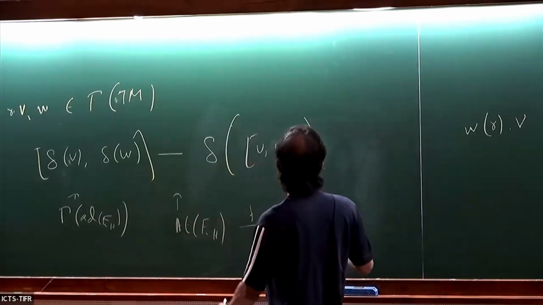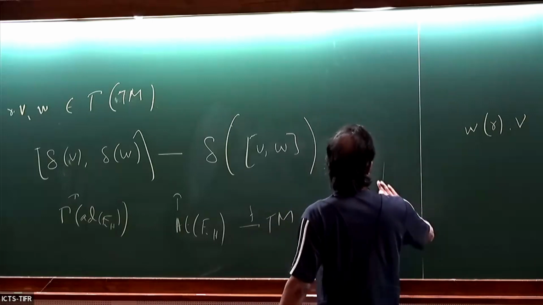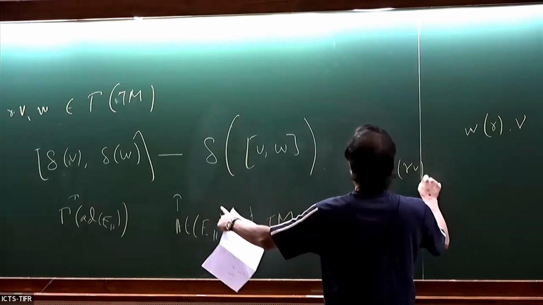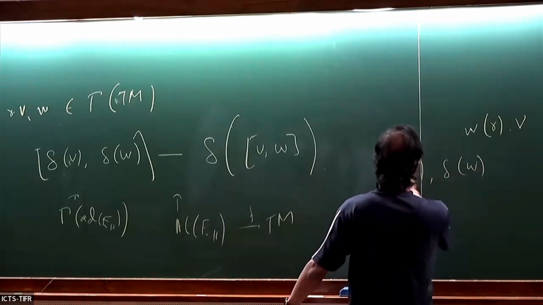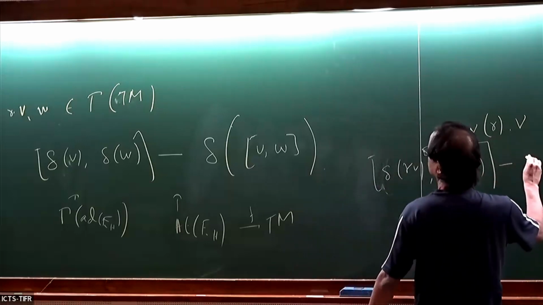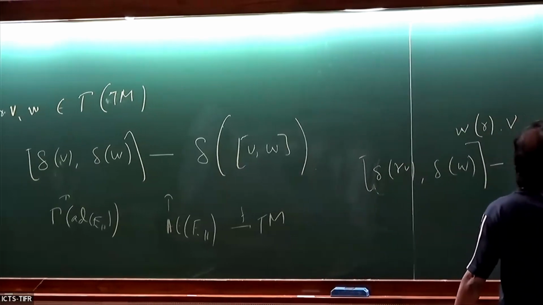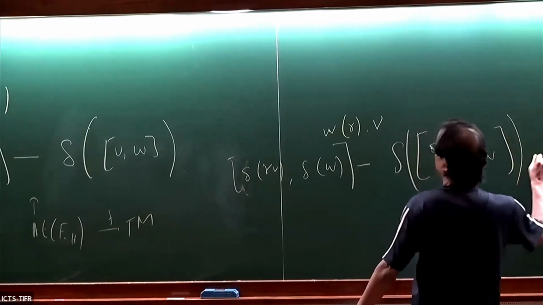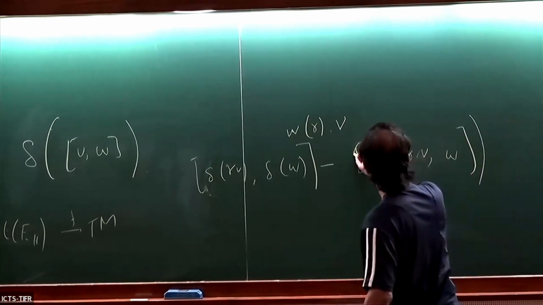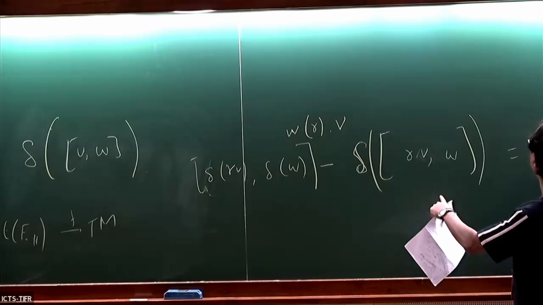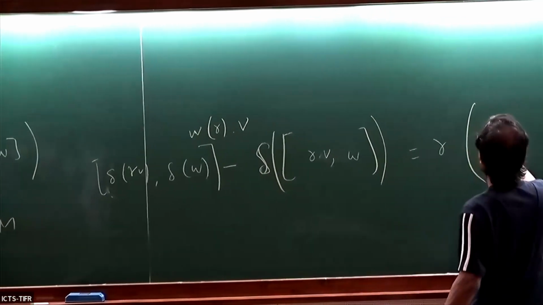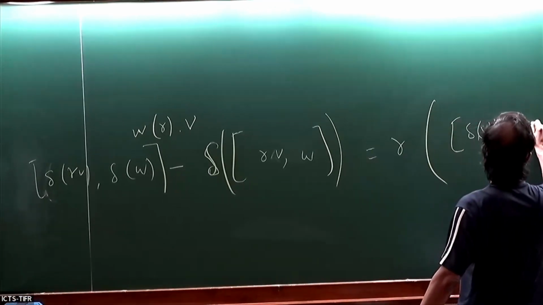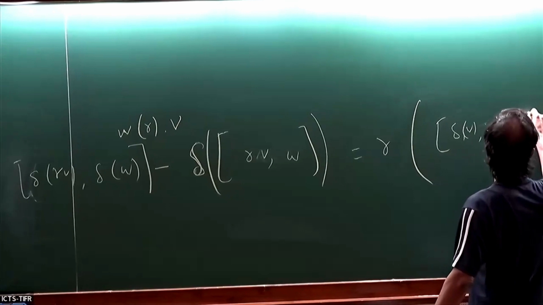The final outcome becomes delta of gamma V, delta of W bracket, minus delta of the bracket of gamma V comma W, which is simply gamma times the same expression with delta V, delta W, minus delta of the bracket.